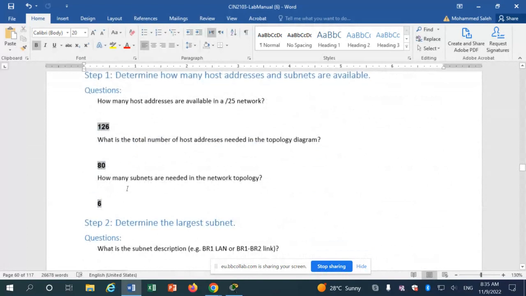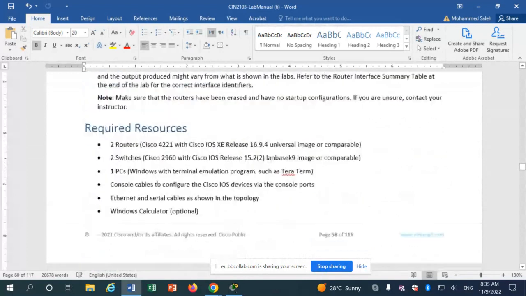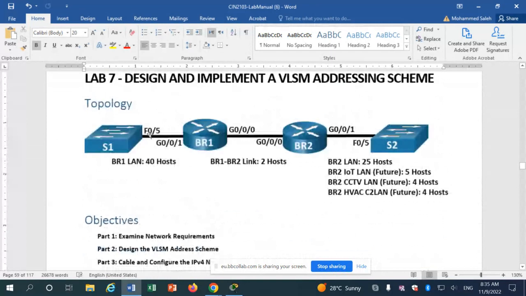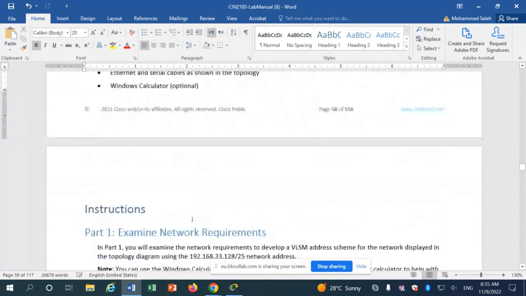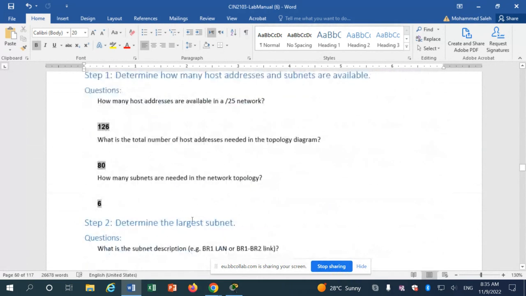How many subnets are needed in the network topology? We have 1 here, 1 here, and also we have 1, 2, 3, 4. So we have a total of 6.